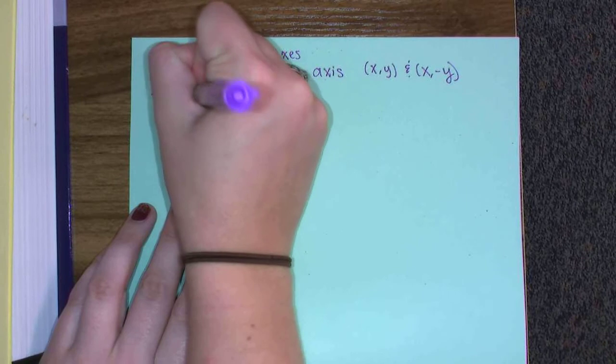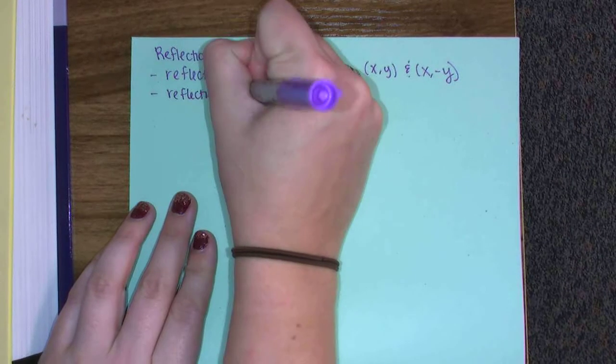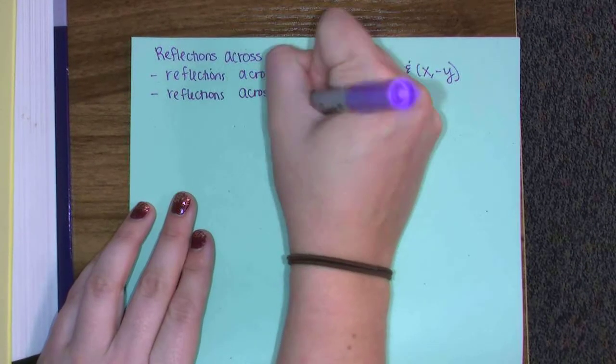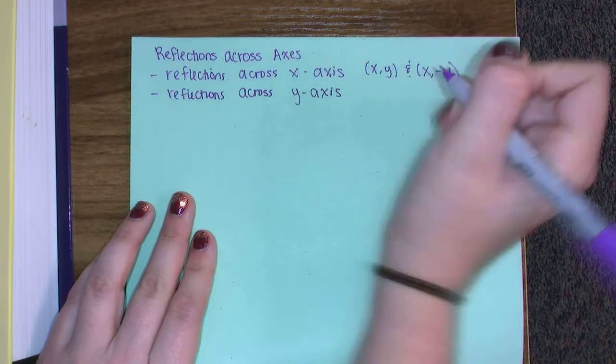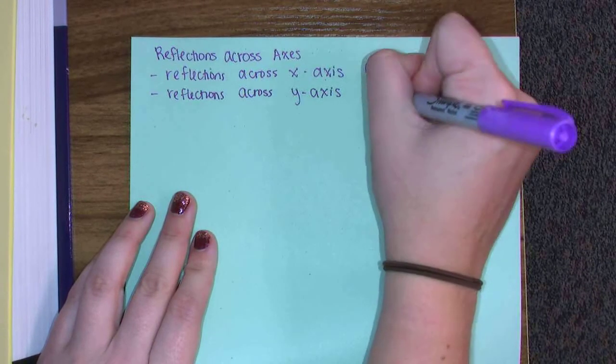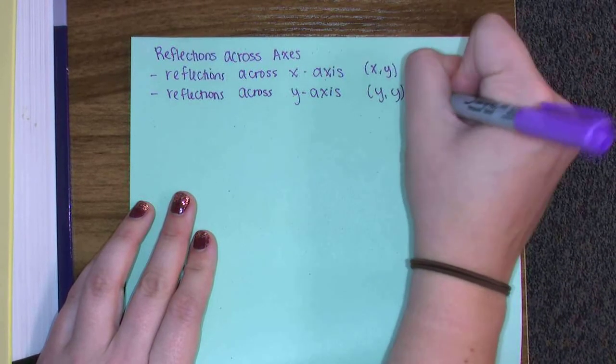Reflections across the y-axis have points (x, y) and (negative x, y).